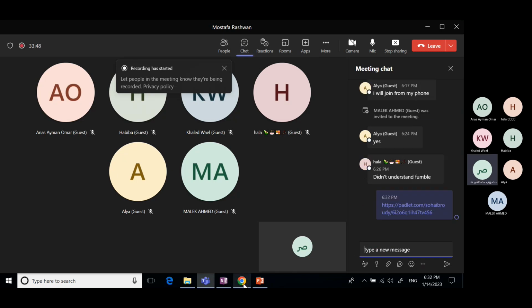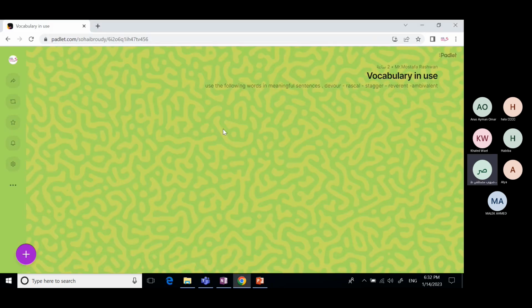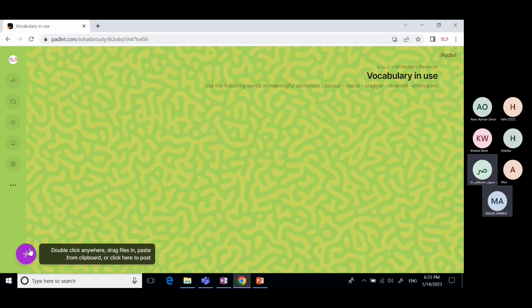Using this website is easy. I'm pretty sure most of you know how to use it. Am I right? Padlet. No, Mr., I think it's my first time to use it. Okay, easy. All you'll do is press on this button, the plus mark here.